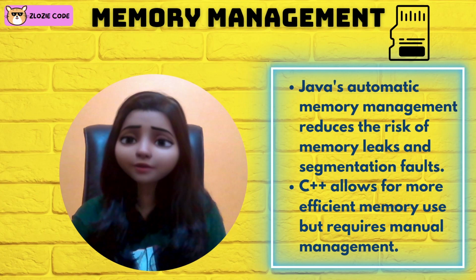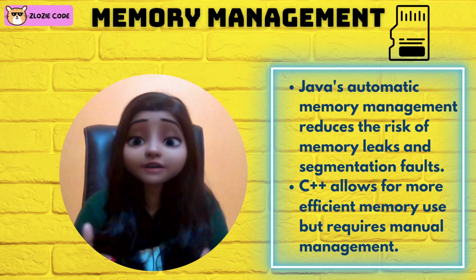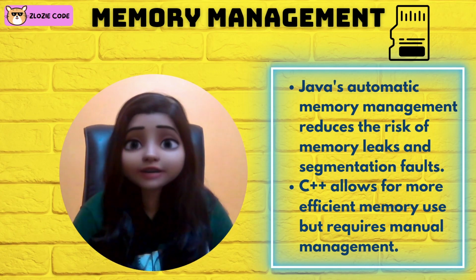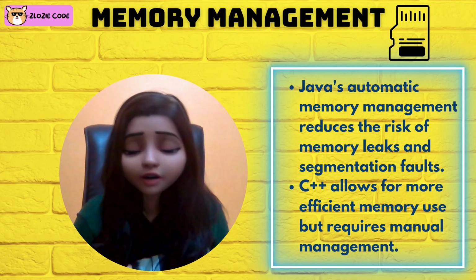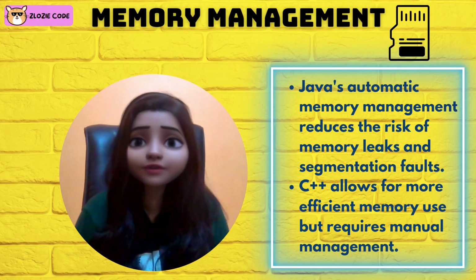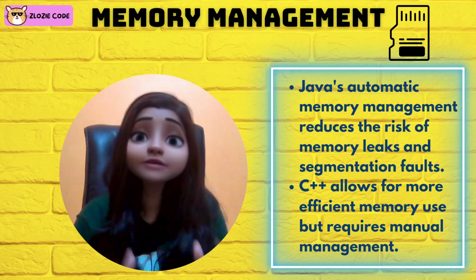Now talking about memory management, Java's automatic memory management reduces the risk of memory leaks and segmentation faults, while C++ allows for more efficient memory use but requires manual management. So this is the difference in memory management if we compare C++ and Java.